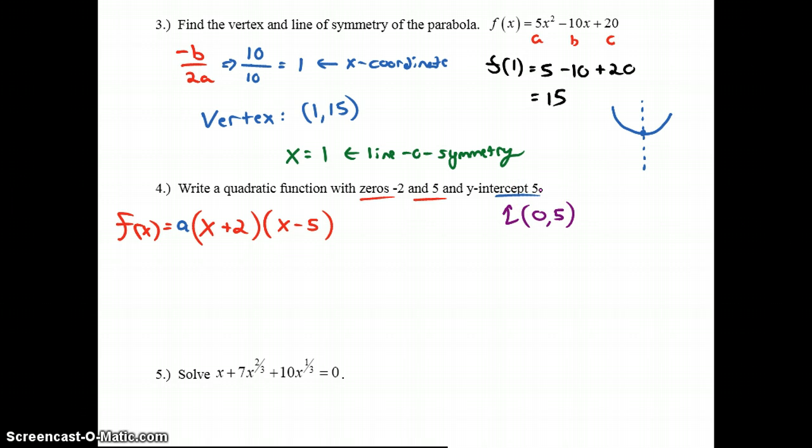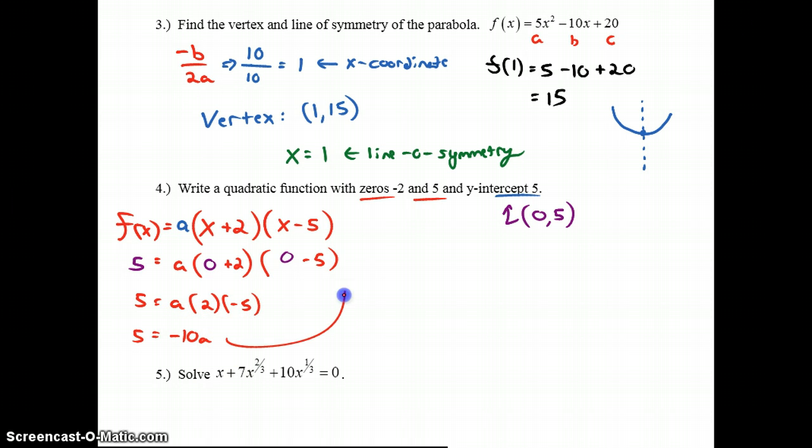So let's plug that point in. x is going to be 0, y is going to be 5, wherein we end up with 5 equals a times 0 plus 2 times 0 minus 5. Or 5 equals a times 2 times negative 5. 5 equals negative 10a. Or a equals 5 over negative 10, negative 1/2.